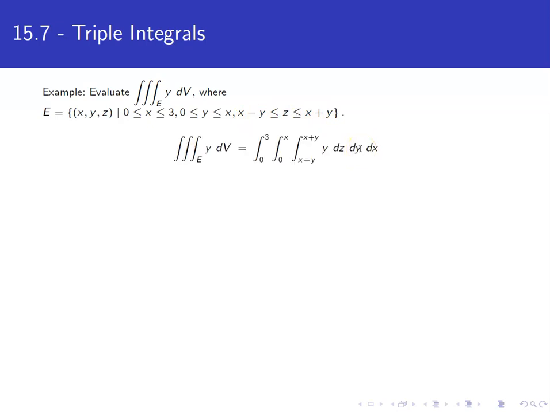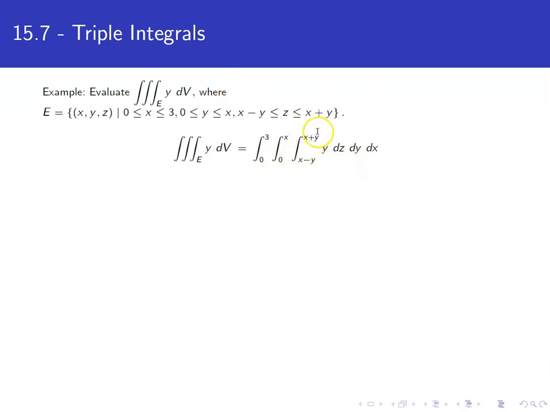All right, so when we set this up, our z is given to us in between two functions of x and y. So it's easier to integrate with respect to z first, because I've already got that in between those two particular functions. So that'll be my innermost interval of integration here.